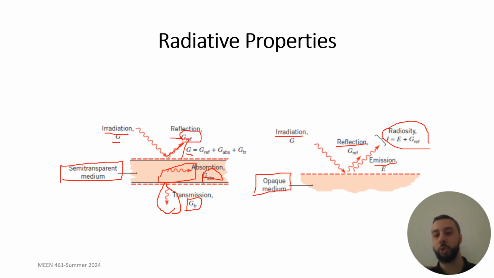And this emission is due to radiation, so it's not related to the irradiation. Here you have some irradiation coming in, and then you have some percentage that is reflected. And that comes from the absorptivity, based off the reflectivity parameter. And then you have some from emission, which is based off the temperature of the medium.